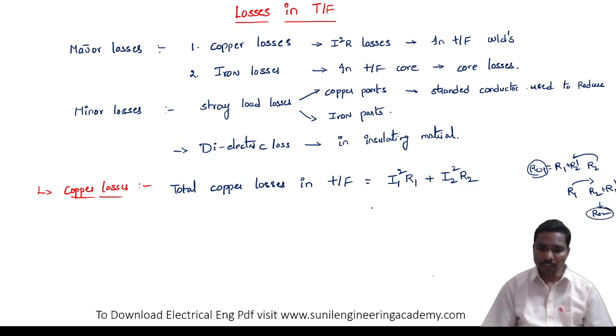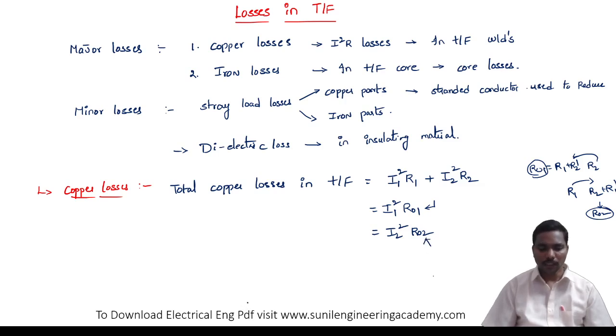So you can say the total copper losses, if you consider I1, then the corresponding resistance is R01. That is equal to I2 square R02, considering the total resistance.